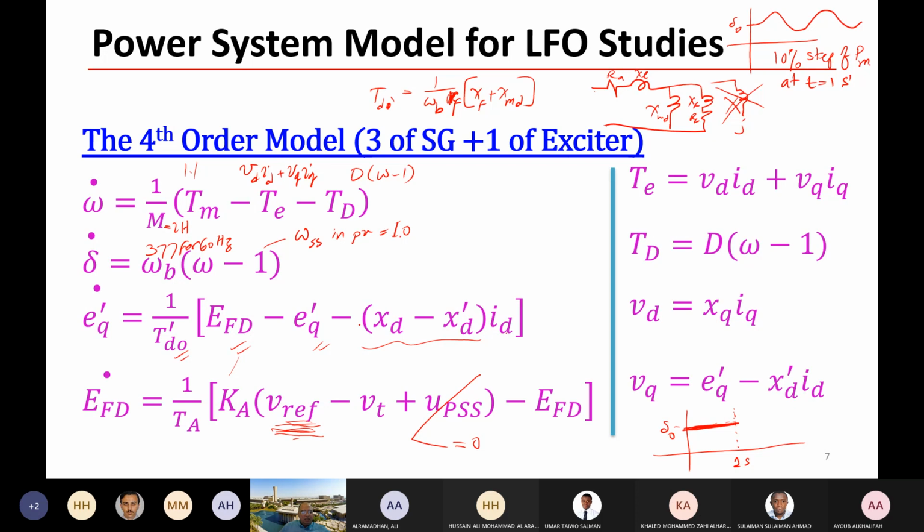So you can easily solve these differential equations. If you have the initial condition, you can solve with any disturbance in mechanical power or V reference. And of course, we did it before in transient stability.